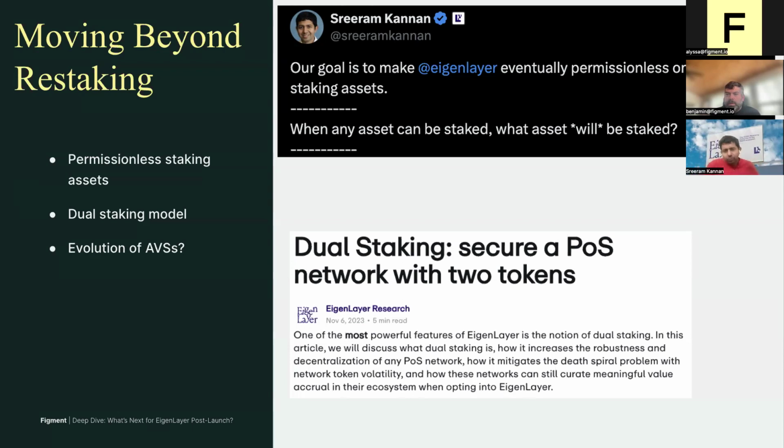Yeah. The idea is, so the way this evolved is, the first time I pitched this idea of, hey, you can build services on top of EigenLayer, people were like, hey, are you crazy? I have my own token to be staked. Why would I use some other stake? And so this was a binary choice. The binary choice is, do I stake my asset or do I stake ETH?